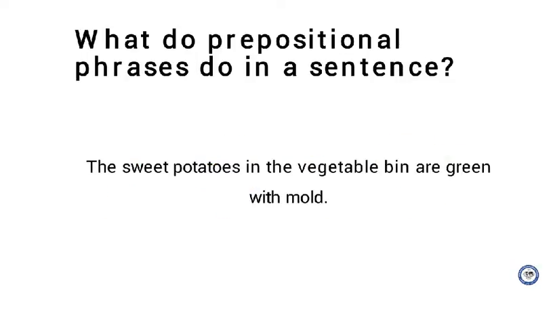Another example, the sweet potatoes in the vegetable bin are green with mold. If you look at the first prepositional phrase, in the vegetable bin, it starts with the preposition and ends with the object of the preposition. Now this one modifies what kind of potatoes. So, what kind of potatoes are they? They are the potatoes in the vegetable bin.